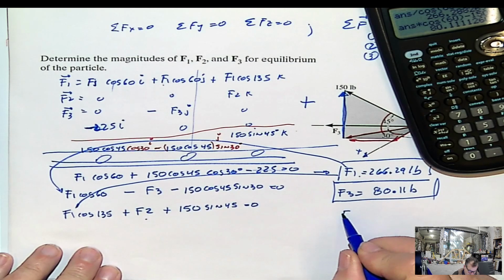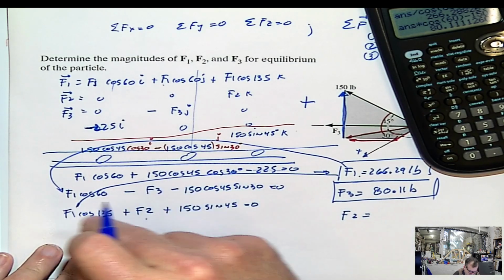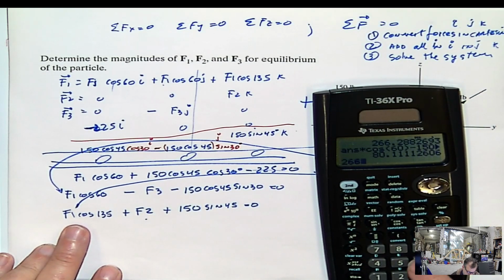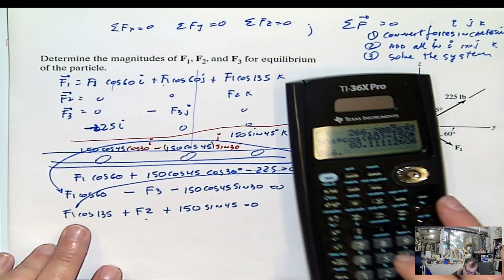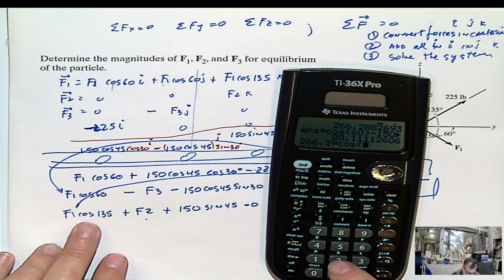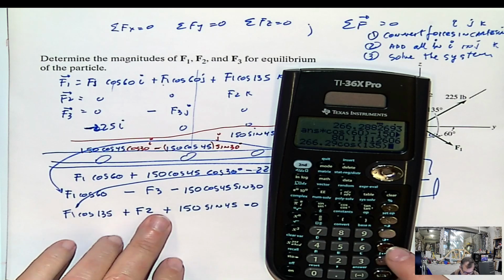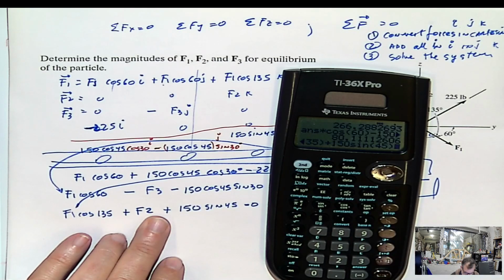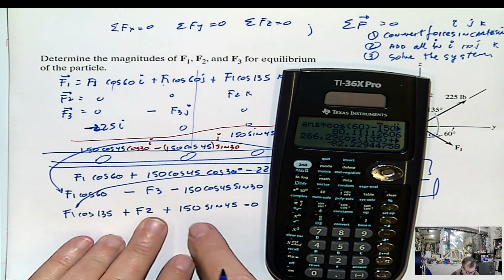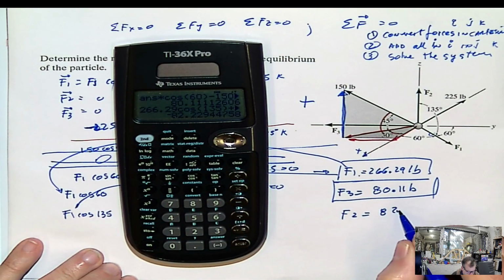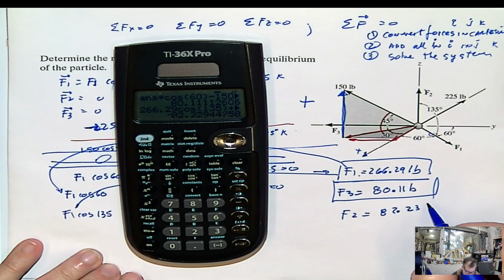So F2 will be, let me solve it here and then pass it to the other side: F1, 266.29 cosine 135 plus 150 sine 45. That's negative 82, but I have to pass it to the other side, so it will be 82.23 pounds.